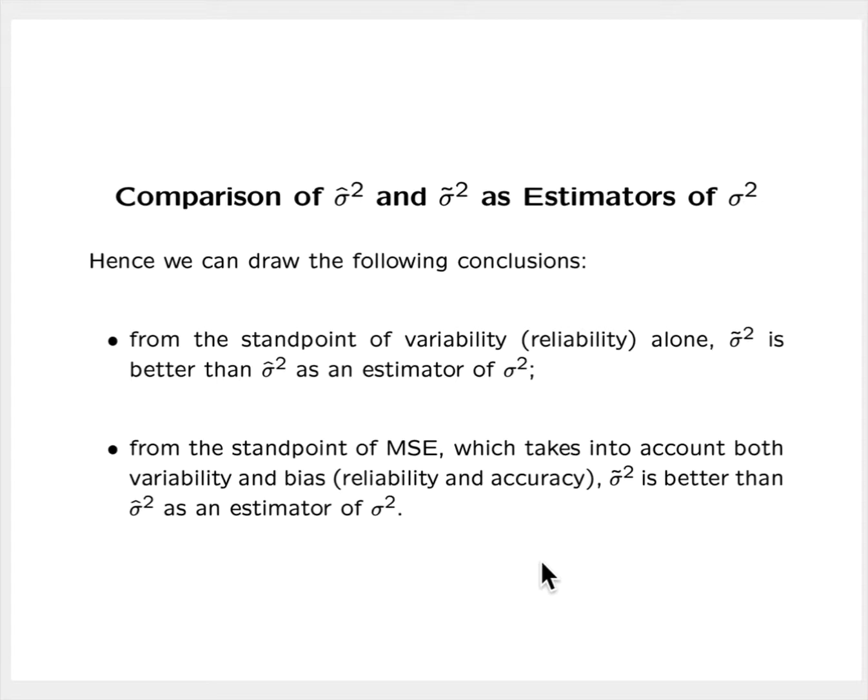For estimating a population mean, we've got more than one estimator as well. And so when we have more than one estimator available, we have to decide which one we want to use. And so we have to have criteria that we can use to compare these different estimators. And one of the most important and most commonly used criteria is the MSE. And so what we're seeing here is that from the standpoint of MSE, the biased version of the sample variance is a better estimator than the unbiased version.